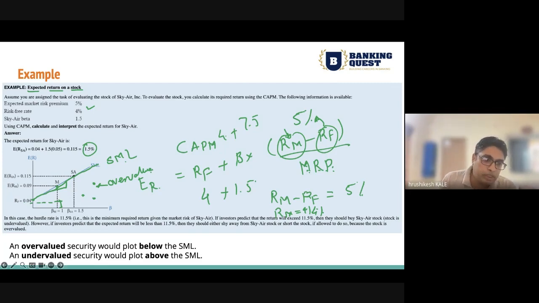And any security above the line is undervalued, because for this much market risk, you are getting this much return, which is way more than the return given by the security market line. So everything above the security market line will be undervalued, and anything below the security market line will be overvalued.